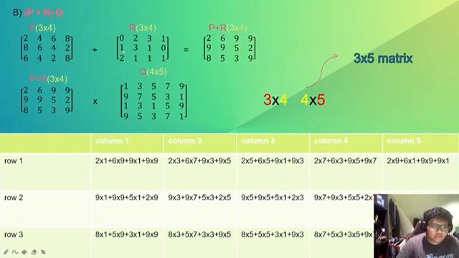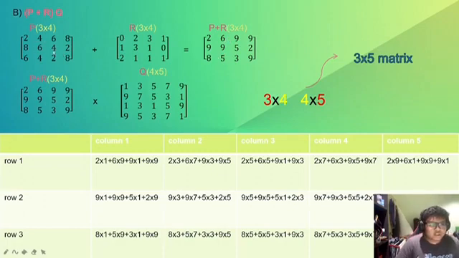For example, this number 4, first row second column, will be added to number 2, which is also the first row second column number, and the answer will be at the first row second column.